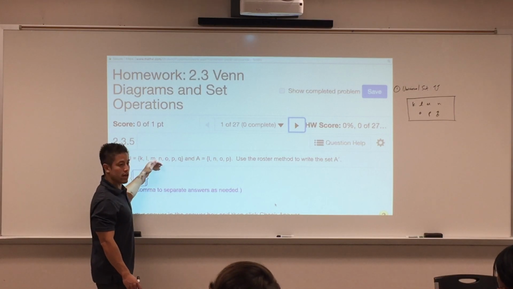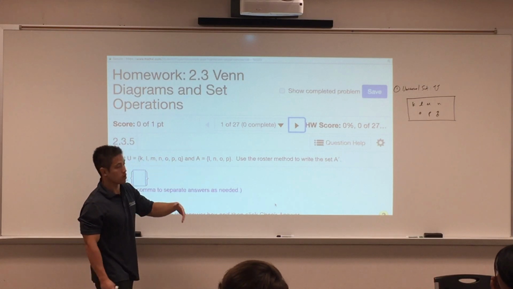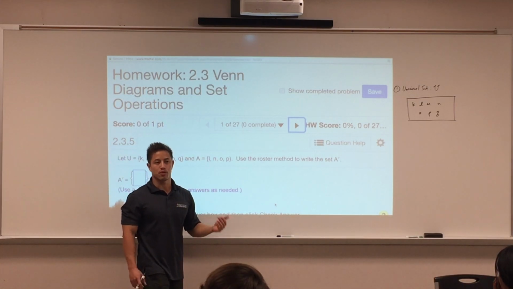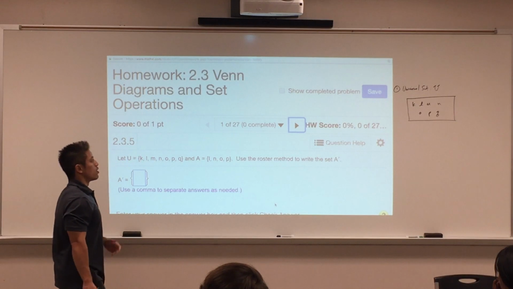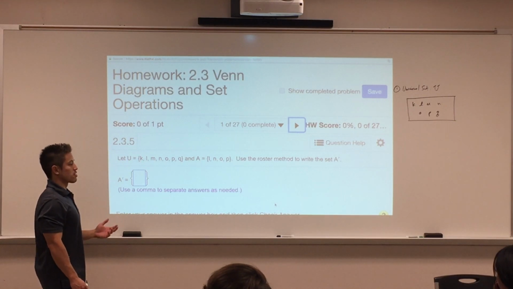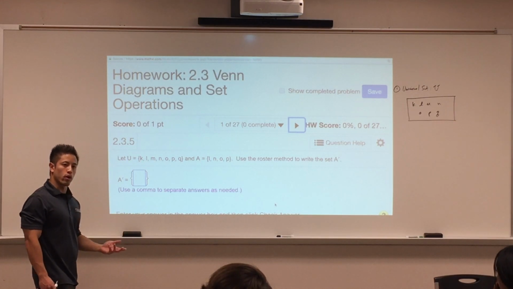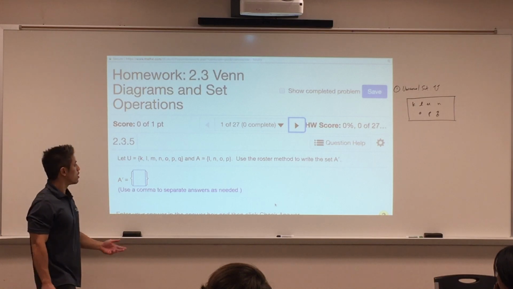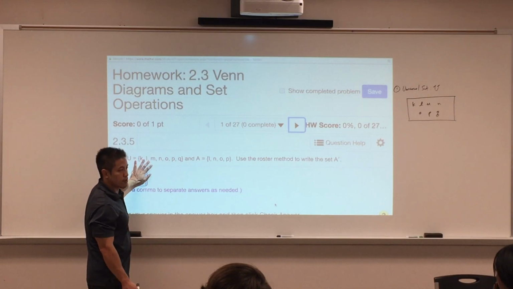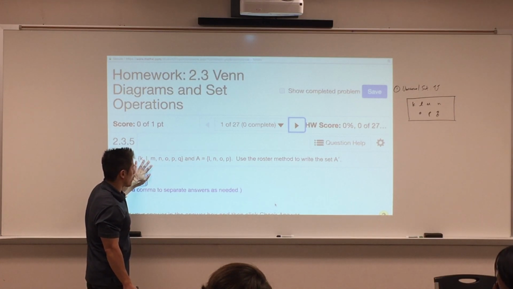It can have the same or less, but no more. Hence our study of subsets prior to this. So the universal set consists of the elements that you get to work with in your problem. That's a very important topic to start off with.